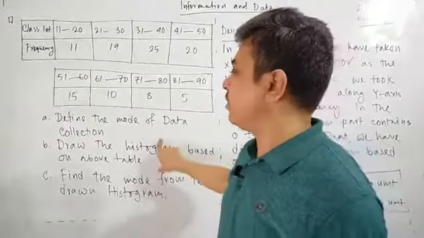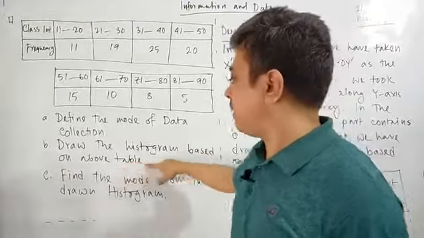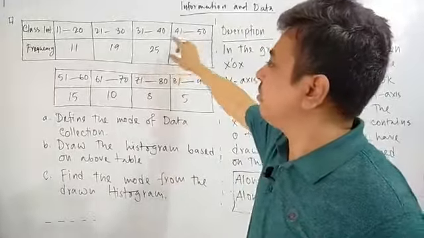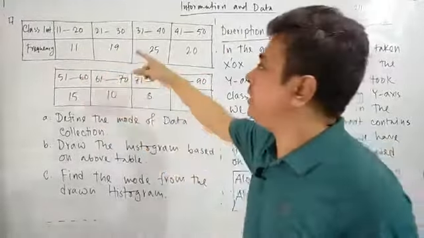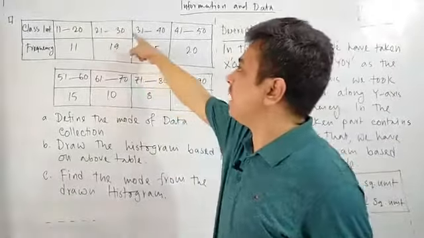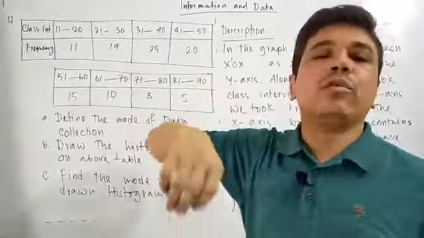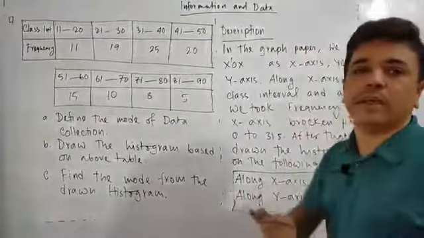And you already know how to draw the histogram based on the table. You already have the class interval and the frequency, so you just have to convert this class interval into a continuous class interval. After that you can draw the histogram, and the description is the same as before.